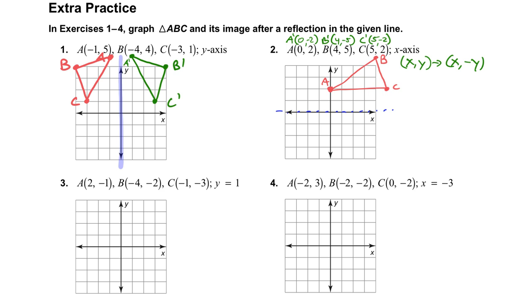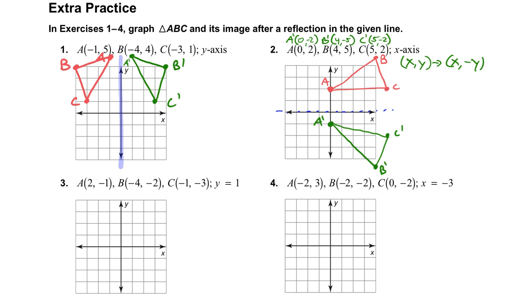So I can go to 0, -2, and that would be my A prime, and go to 4, -5, which is going to be my B prime. And then I can go to 5, -2, and this will be my C prime. And now I can go ahead and connect these. And there is my graph reflected over the x-axis.